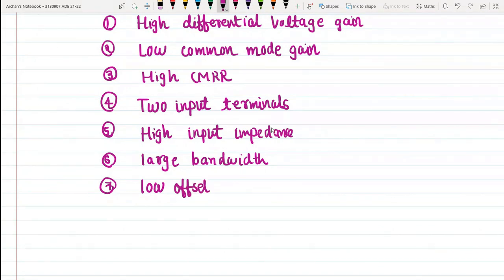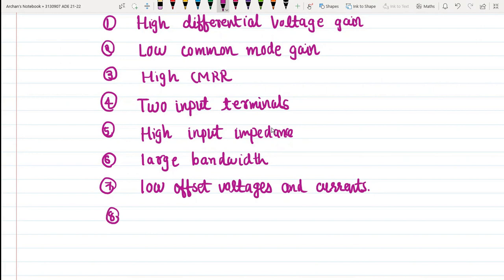We will also try to understand what is meant by offset voltages and offset currents as we move on.